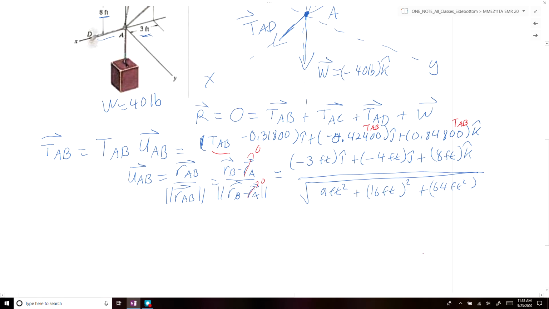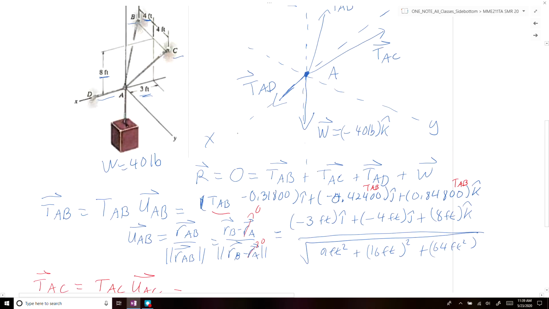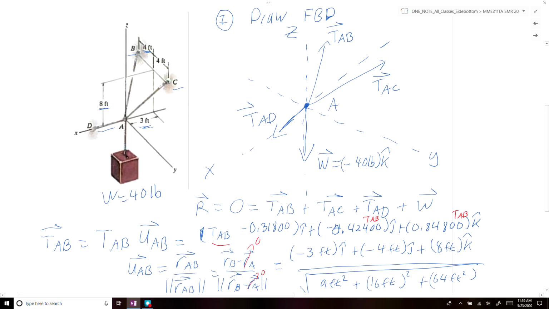Right. So once we have TAB defined as a Cartesian vector, we need to define TAC and TAD as Cartesian vectors. TAC is going to be equal to the magnitude of TAC times UAC. Now, if we look at the dimensions of our system here, the length of AC is the same as the length of AB.